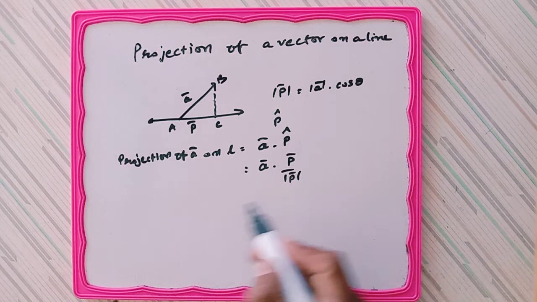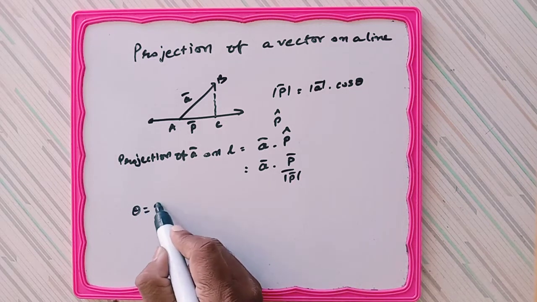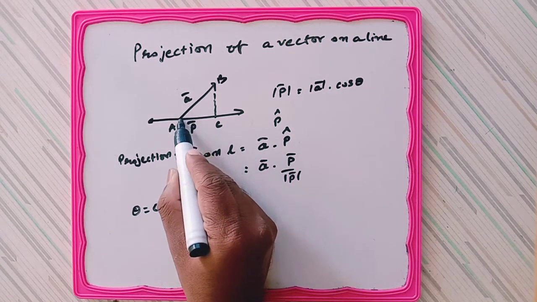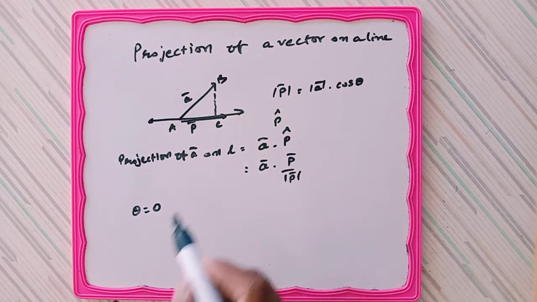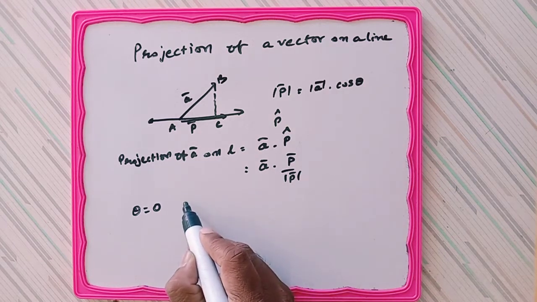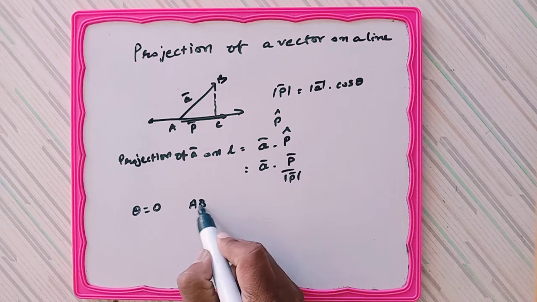Now if theta equals 0, it means the vector is in the same direction as the line. At that time, AB itself is its projection.